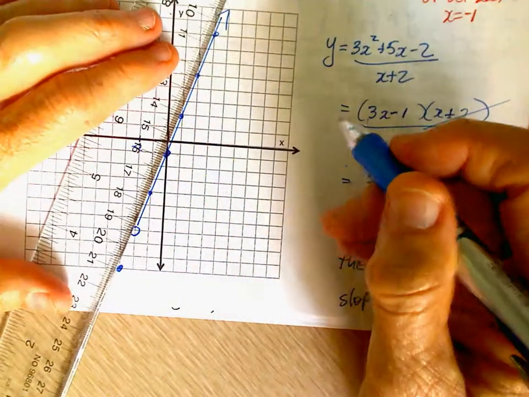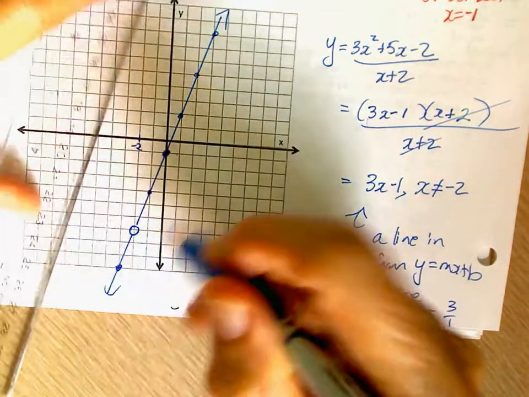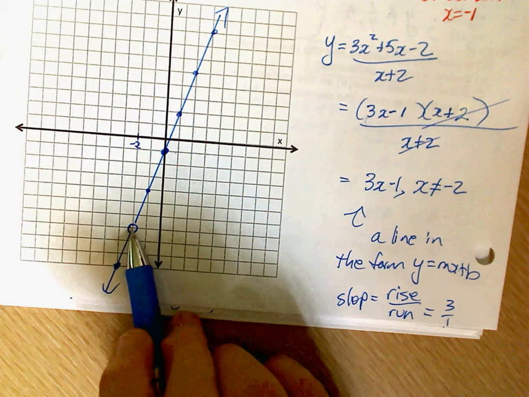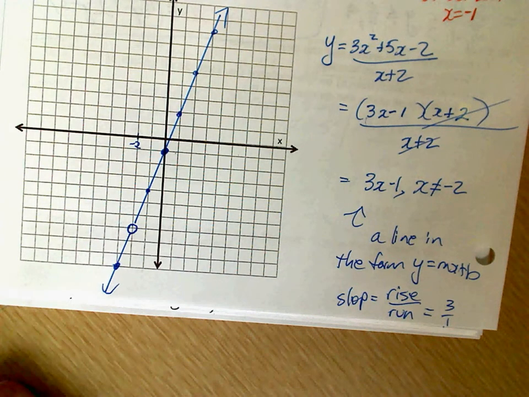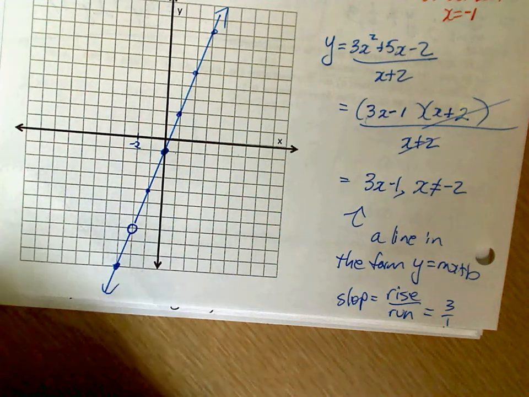The graph does not exist at that point. At x equals -2, the graph does not exist. Can I explain anything better? Do you see how x cannot be -2?